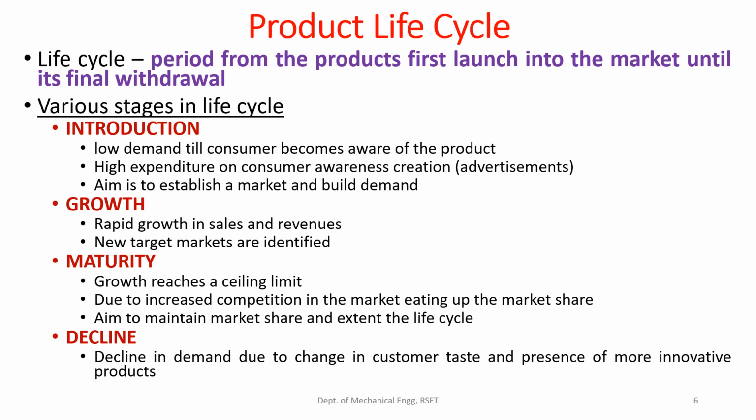Now, let us start off with a topic called product life cycle. Product life cycle refers to the time period from which the product is first launched into the market until the time it is finally withdrawn from the market. So essentially, product life cycle is a time period from launch to withdrawal.